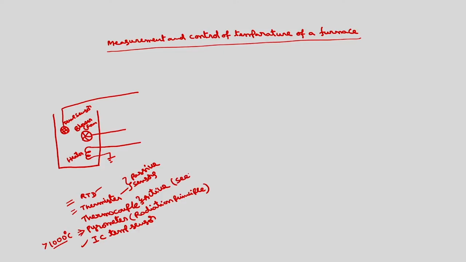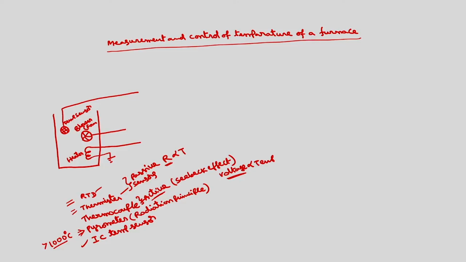Here the voltage, EMF, is produced directly, proportional to temperature. Whereas in these two cases, the resistance varies with the temperature. So in order to convert the change in resistance into voltage, we need some bridge circuits. That is why they are not called active. Whereas this one is called active because it directly generates the voltage which is proportional to the temperature.